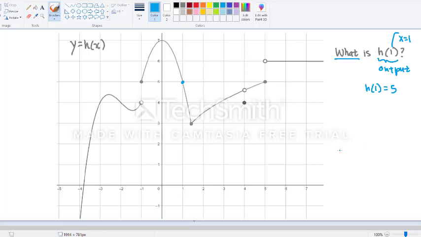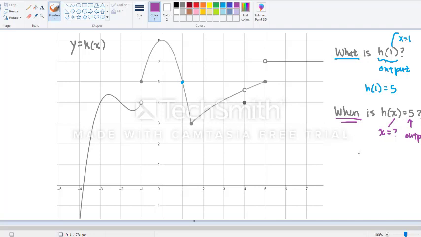But I could have asked this question a different way. I could have said, when is h of x equal to 5? And now, again, using function notation, I know that they've given me the output. Okay, this is my output. And I need to find the input, but that word when confirms my thoughts, right?